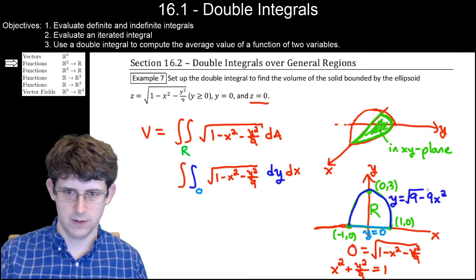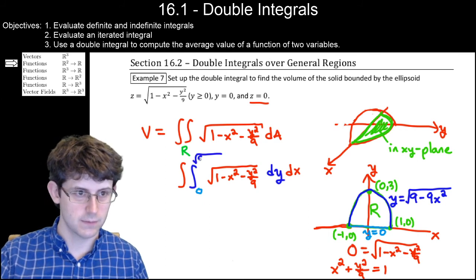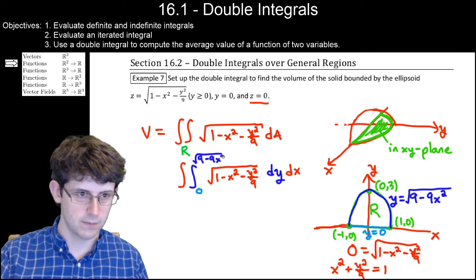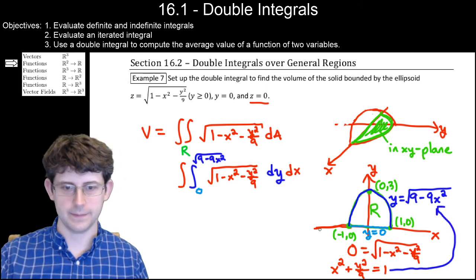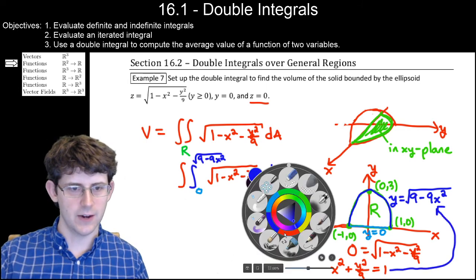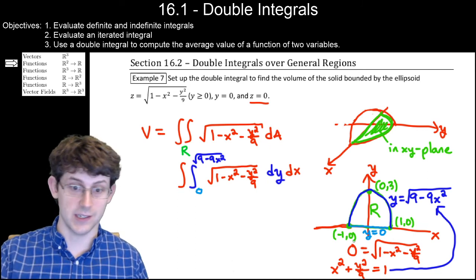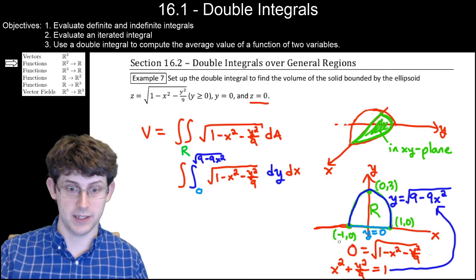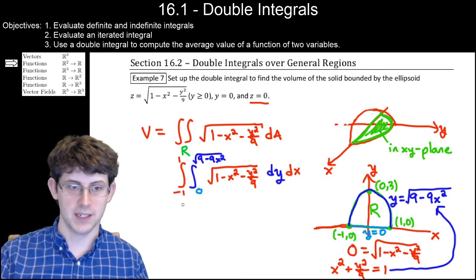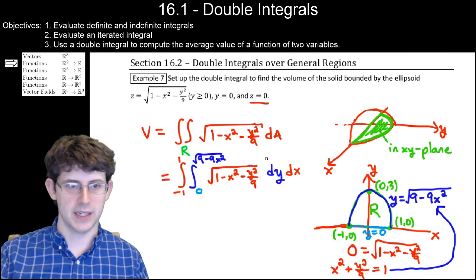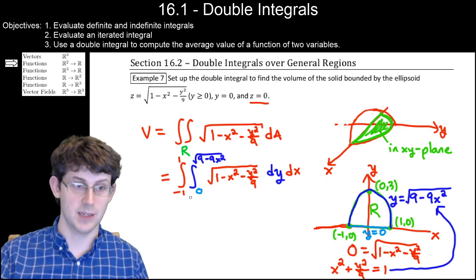Take the square root. That comes just from solving for y. Then the outer integral is an x integral, so you need to give it the x bounds. And the outer integral is just the scalars, just the numbers. So this is minus 1 to 1. So this is our integral, set up as a double integral with the region R being converted into these bounds.